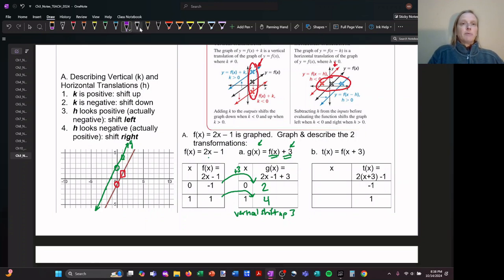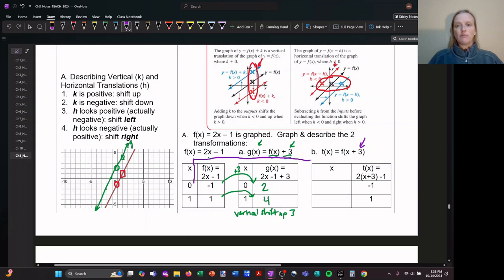Let's look at this next example. This next example, it looks like I'm adding 3 as well, but this time the change is happening inside parentheses. So this time the change is going to be in the horizontal direction. And I hinted at this before, but now you're going to get to see it in action.